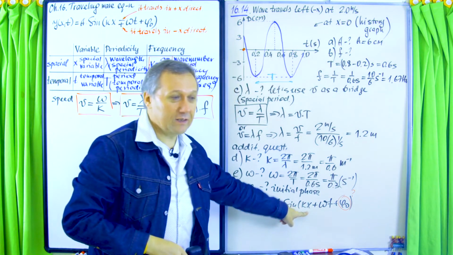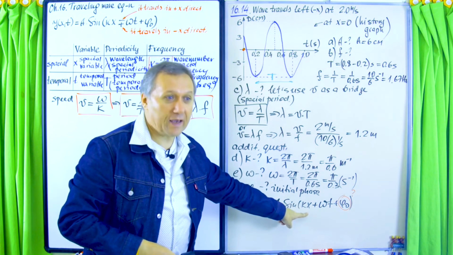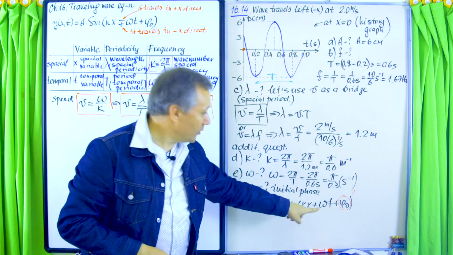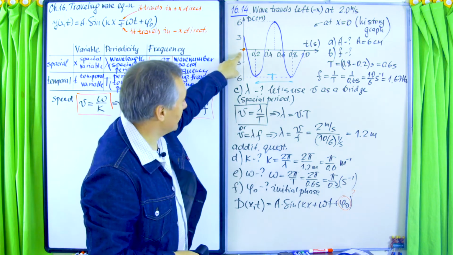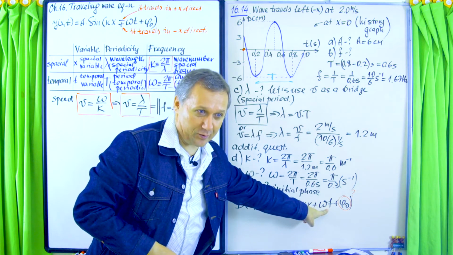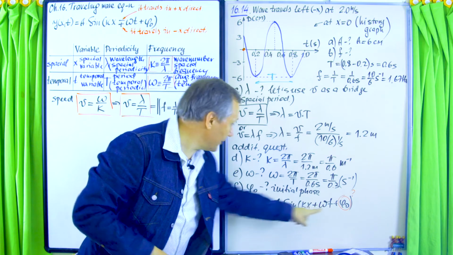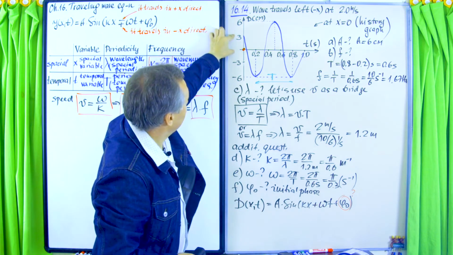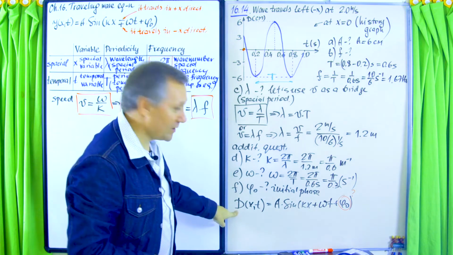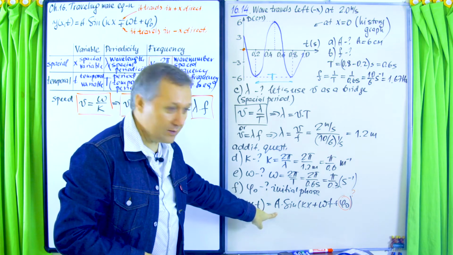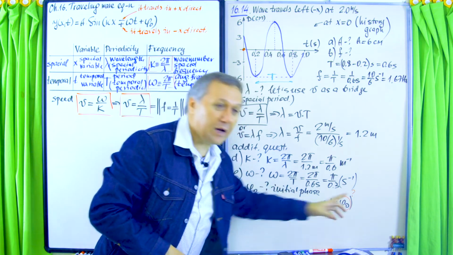So if you take any point from this graph, x equals 0, and if I take this point, t will equal 0. So as a result, the displacement at this point is 3 centimeters. So this is 3, amplitude is given, this will be 0, 0, and my unknown.